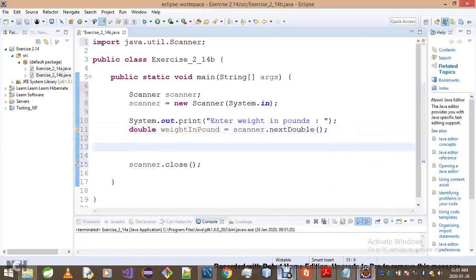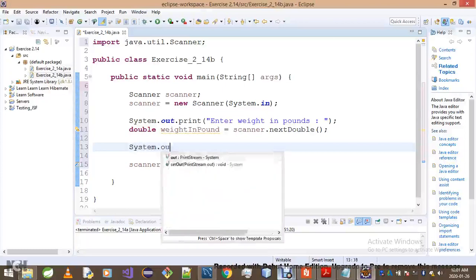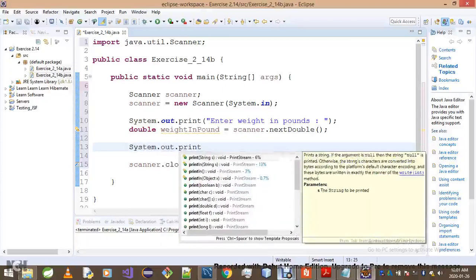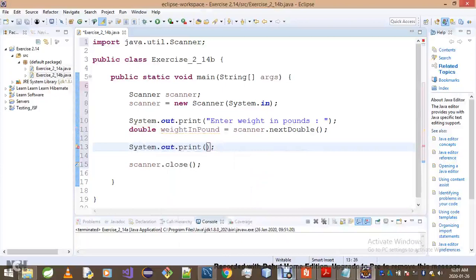Okay, what else? We have to prompt the user to enter height in inches.